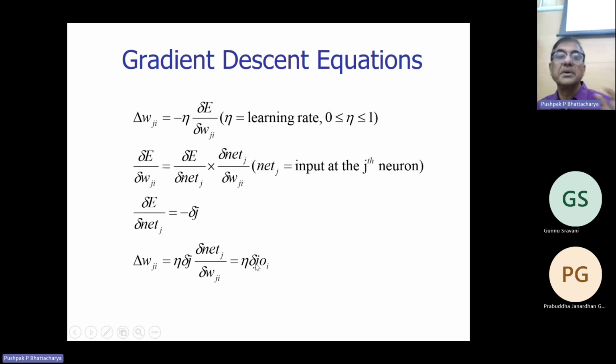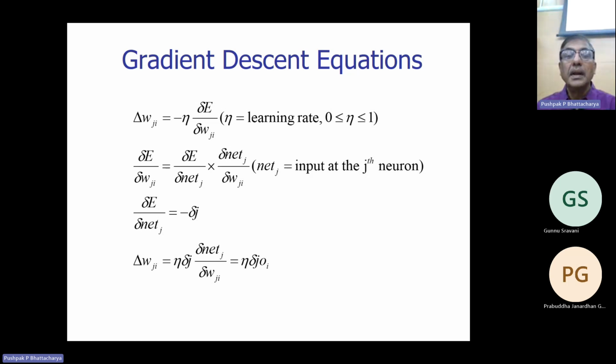Learning rate times something at the destination neuron times something at the source neuron. Any question? This derivation is very simple, just simple differentiation and chain rule, so it should be easy for you to see.